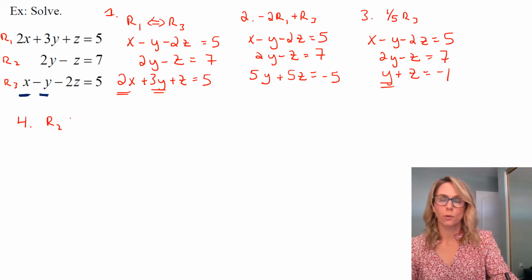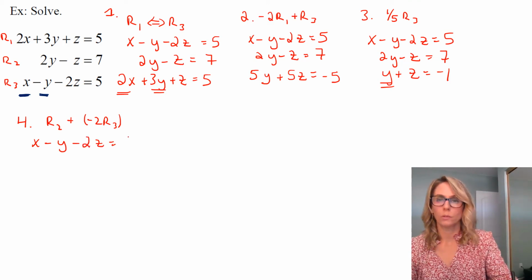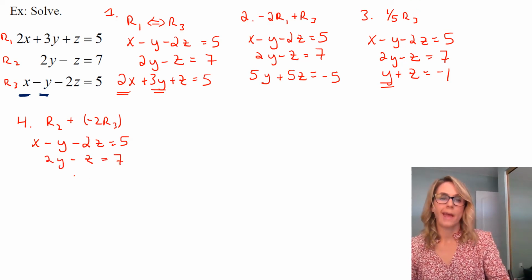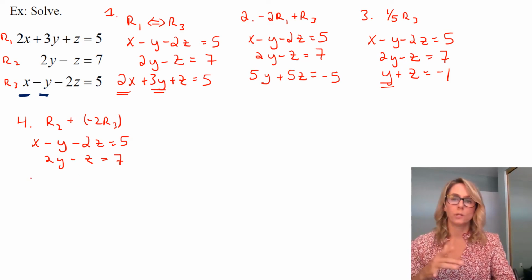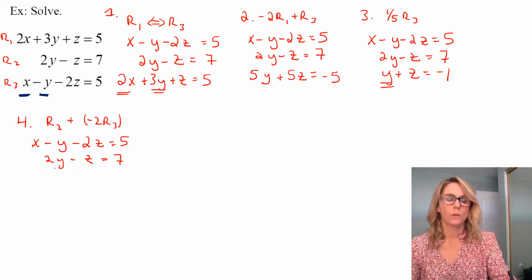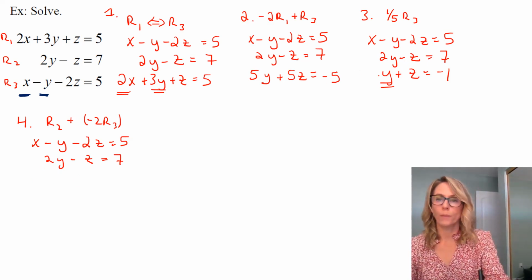So we take row 2 and we will add to that a -2 row 3, and that will be our new row 3. So x minus y minus 2z equals 5. My row 2 staying the same, 2y minus z equals 7. And then now each term multiplied, so I'm multiplying row 3 by -2, but adding it to row 2.